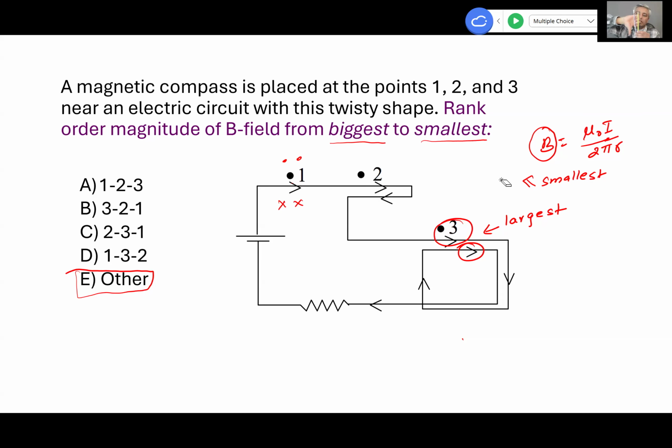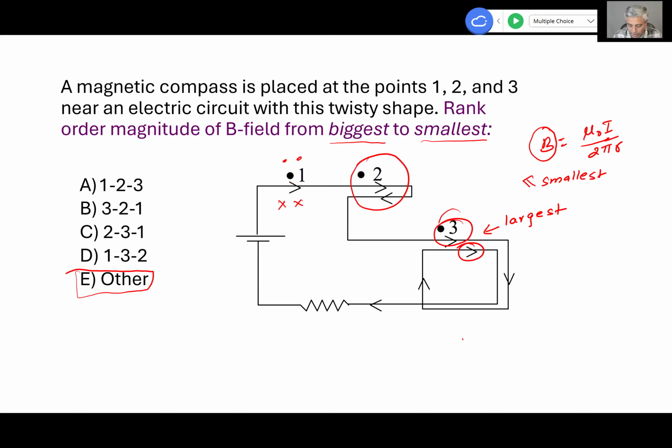But this current is going down, so the magnetic field due to it is circulating exactly opposite. Magnetic field being a vector, what happens? They cancel when they are in opposite directions. So at point 2, they cancel.